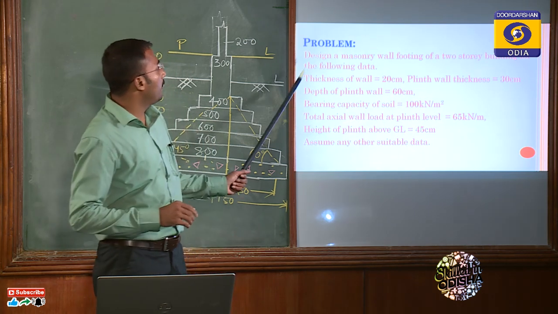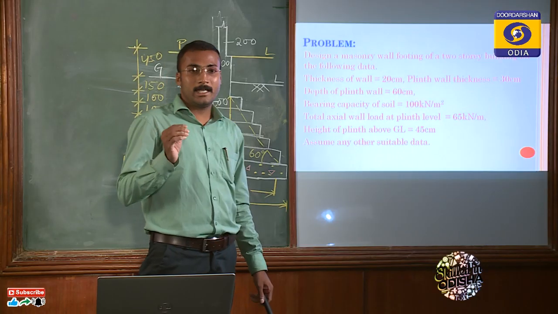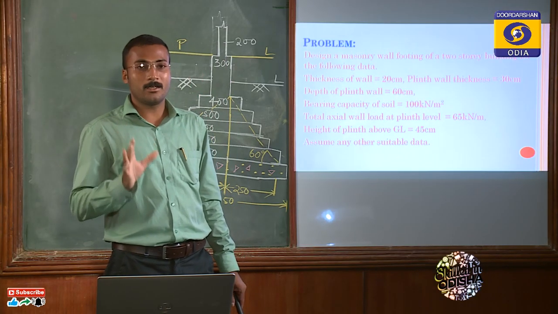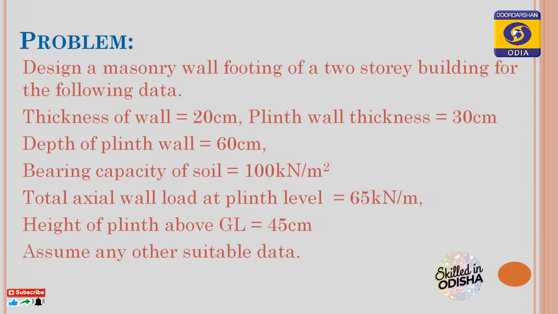So look at the problem. Design a masonry wall footing of a 2-story building for the following data. The thickness of the wall is 20 centimeter. Generally we provide walls of thickness 30 centimeter, but in this case the wall thickness has been given as 20 centimeter, and the plinth wall thickness is 30 centimeter.